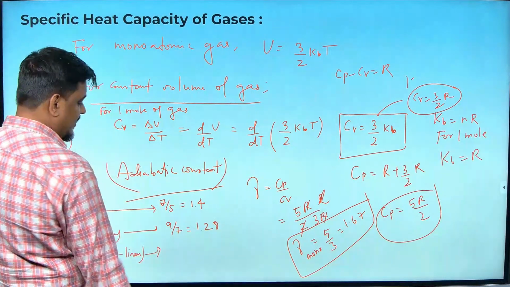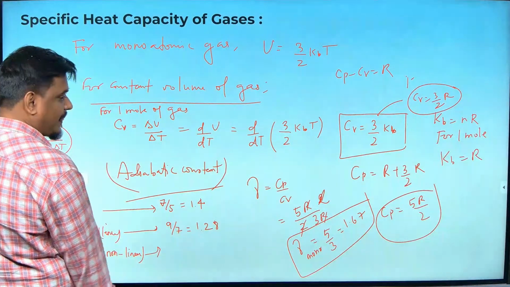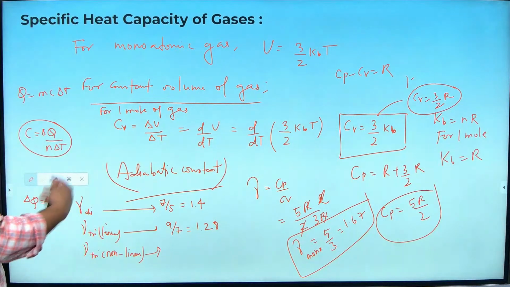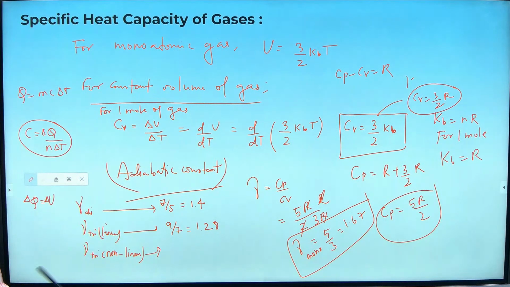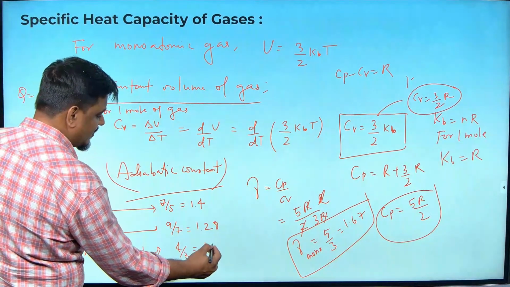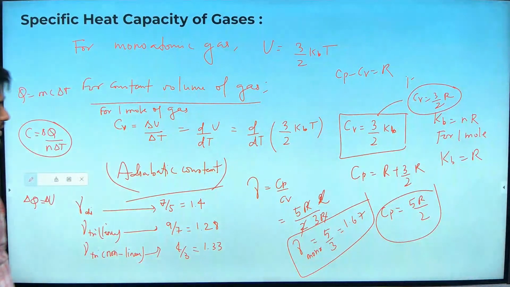Correct. What about non-linear? Non-linear is 3RT plus R, which will become 4R. So 4 by 3. 4 by 3 is how much? 1.33.